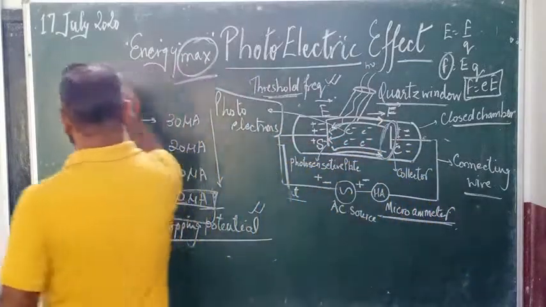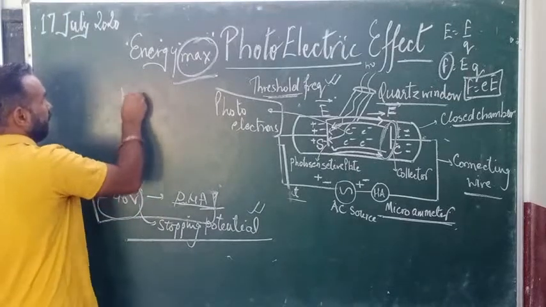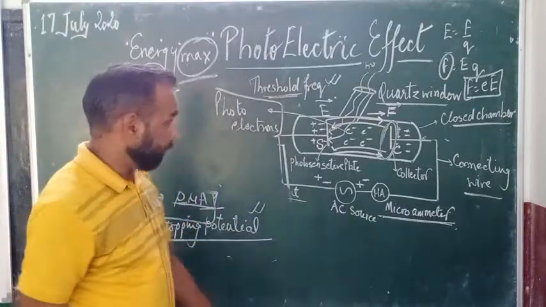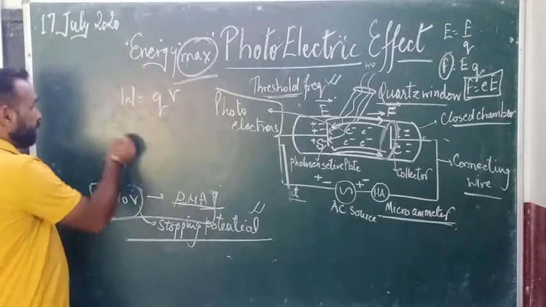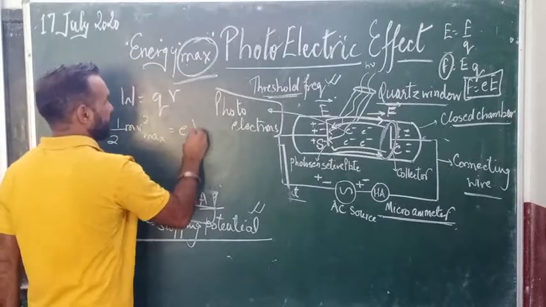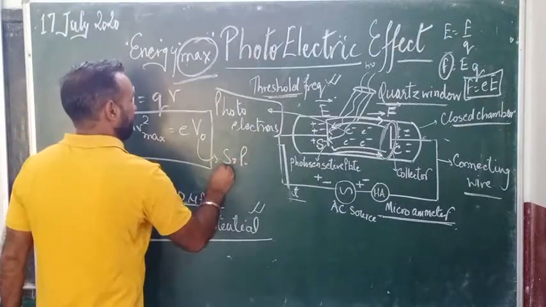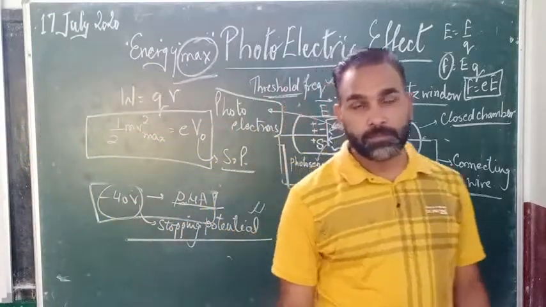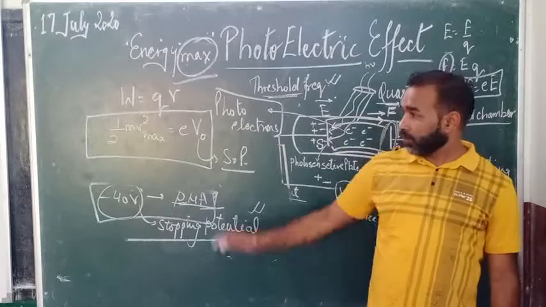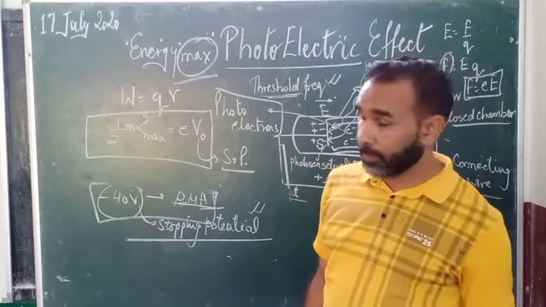He said that we are doing some work in terms of Q into V. We have already studied this. Now work done is the same as energy. So energy is maximum. So half m v square max is equal to the electronic charge times V naught. So V naught is your stopping potential. Getting my point? This expression is very important. On this expression, usually numericals are also asked. So do this expression very clearly.